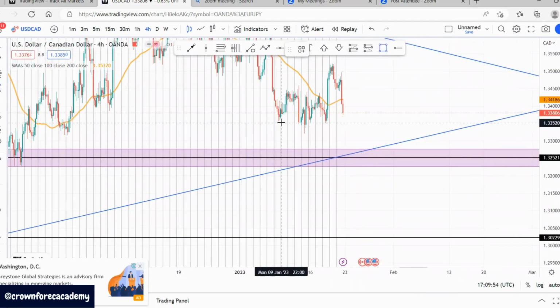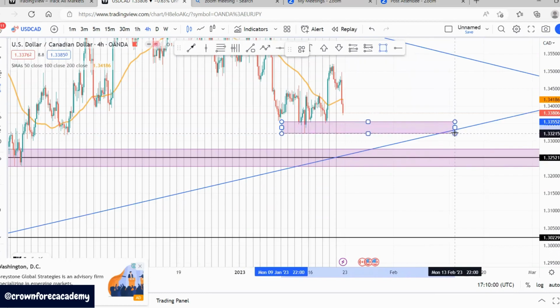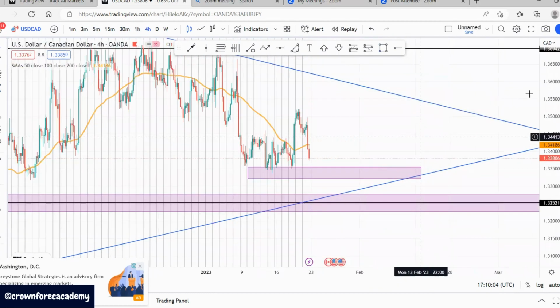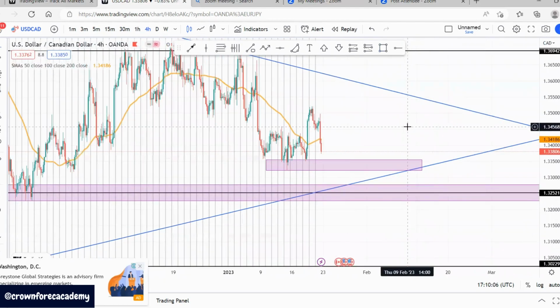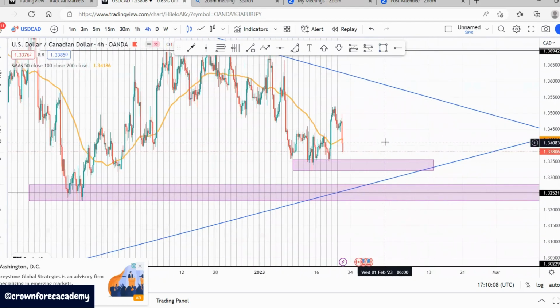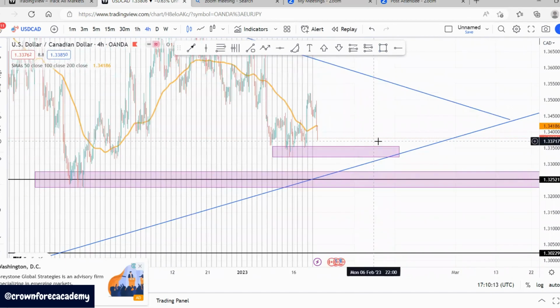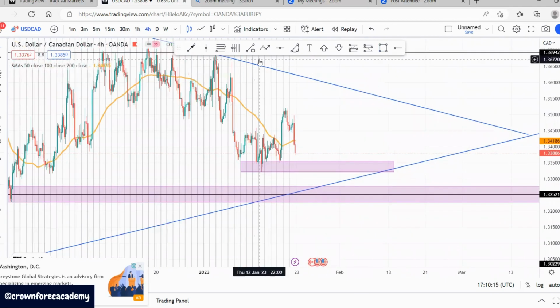Okay, I can see there's liquidity here as well, right? But comparing this 4 hours to the high time frame, which is daily, I would prefer to go on the high time frame. The reason is because the market has already tested this.